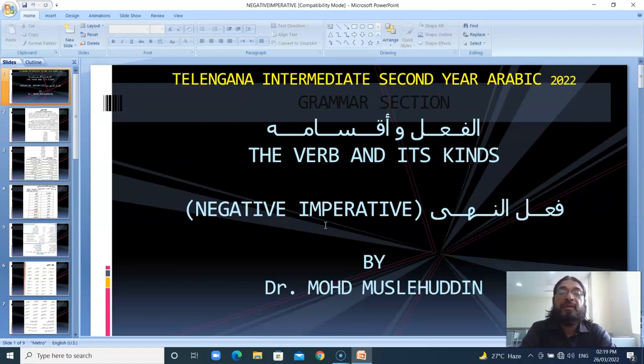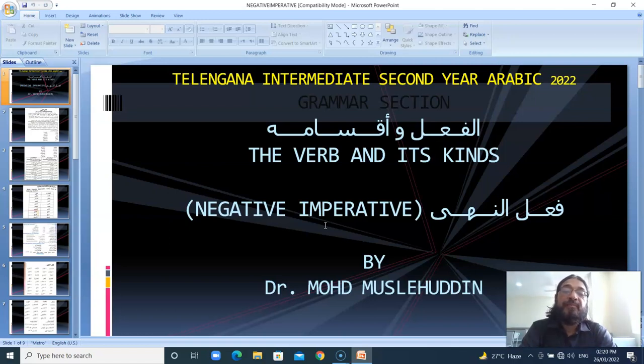So such questions will be asked in the bit number 14 A section for 4 marks, and bit number 14 B section has the question of negative imperative tense. You will be asked to make the negative imperative tense from present tense.